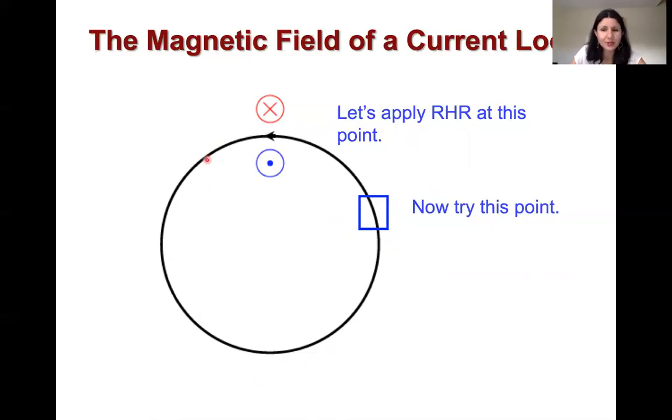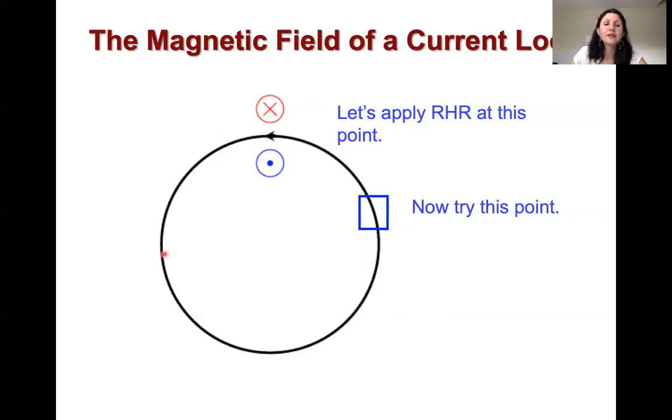I know it's confusing because before we had these circles representing magnetic field lines. So forget about that for a second and think of this circle here with this arrow. I should have put maybe an I for current. It is now a wire, which is circular, with current flowing counterclockwise.